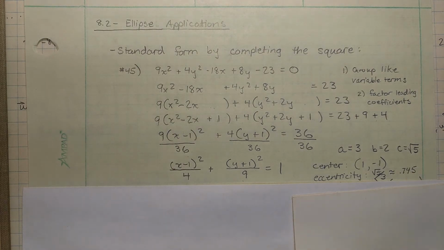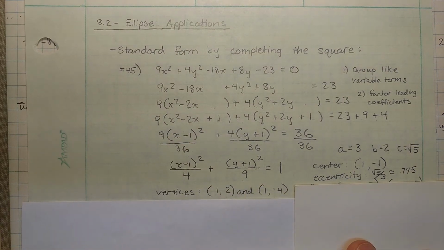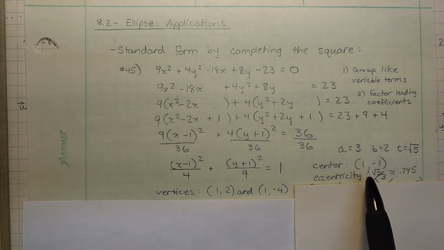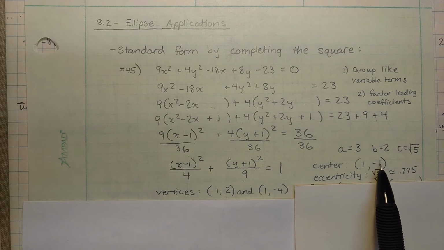So this one here is actually quite eccentric. It would be quite oblong in its shape. Very non-circular. The vertices, I can go from my center and add and subtract a. In this case, it would be vertical, so I would add and subtract that from the -1.